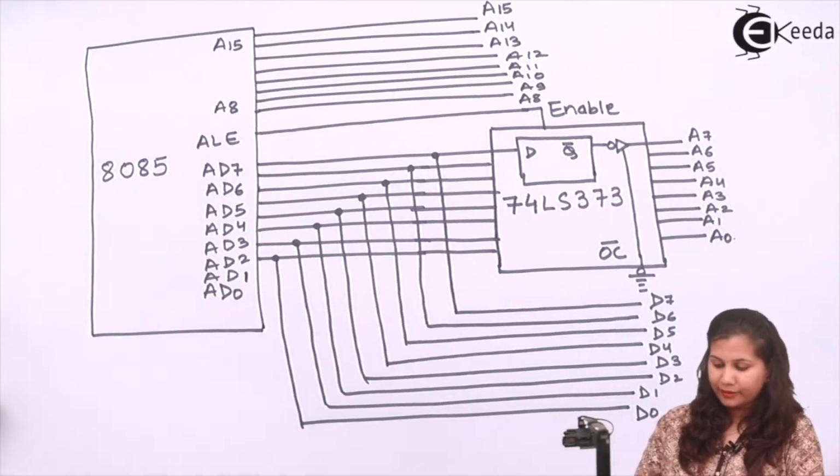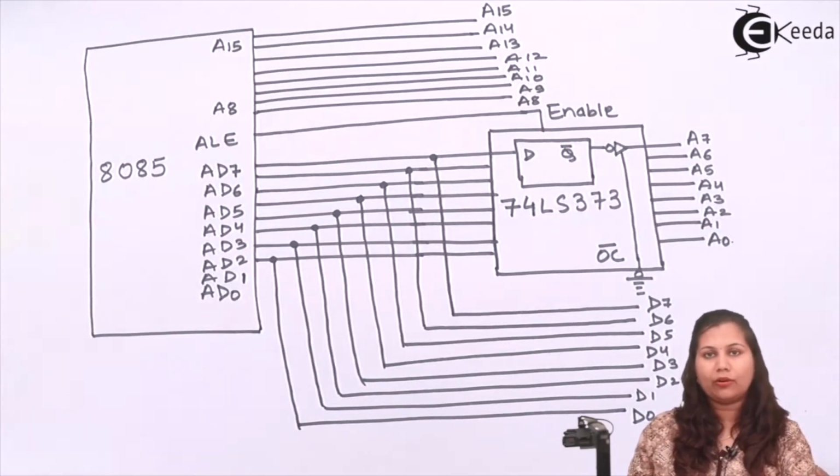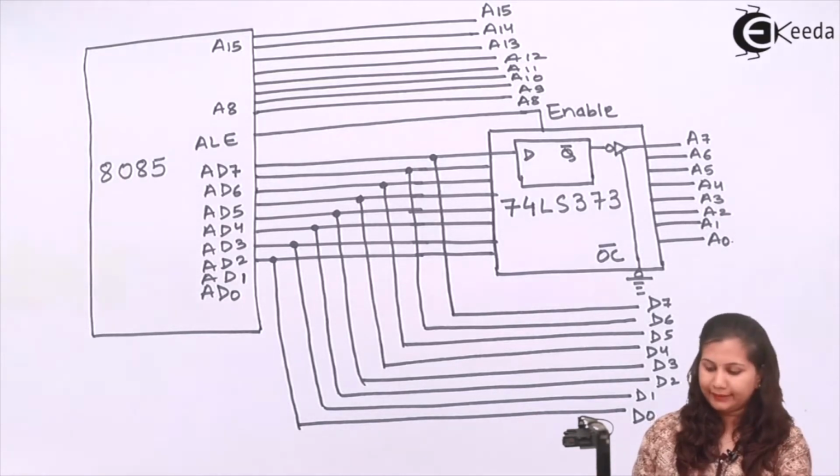So this is the circuitry for the demultiplexing of the lower order address bus and the data bus.